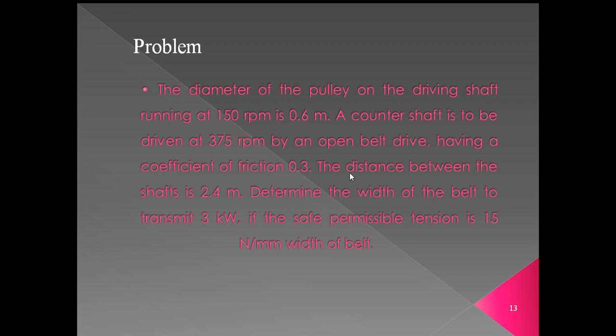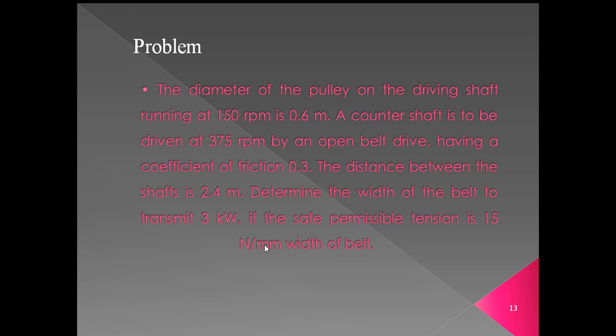A counter shaft is to be driven at 375 rpm by an open belt drive, having a coefficient of friction 0.3, and the distance between the shafts is 2.4 meters. Determine the width of the belt to transmit 3 kilowatt if the safe permissible tension is 15 Newton per mm width of belt.